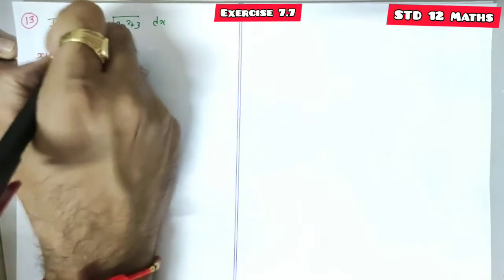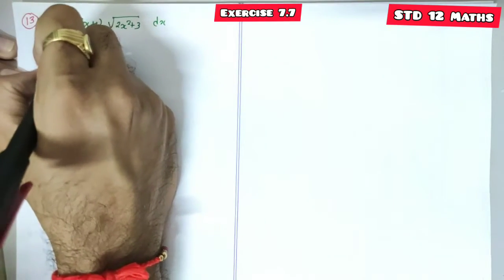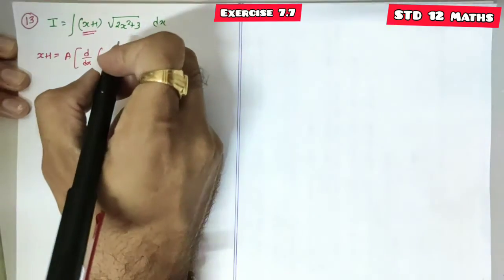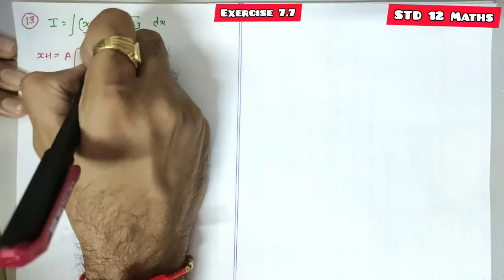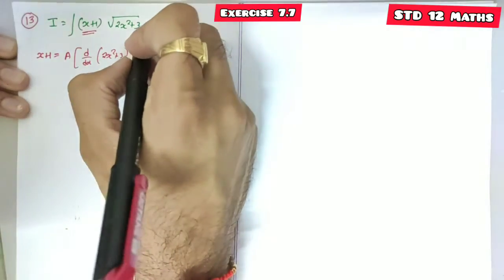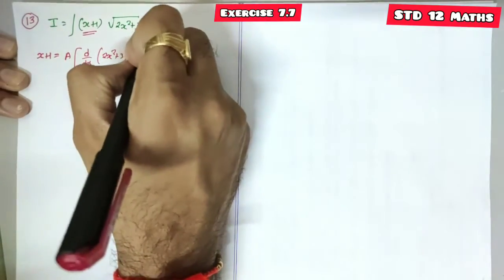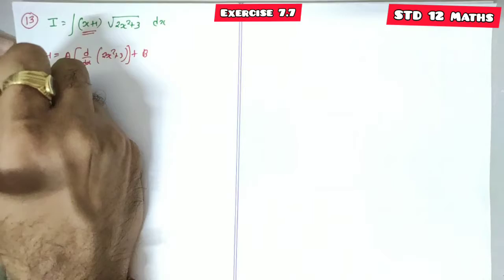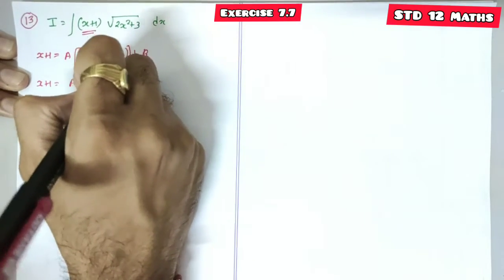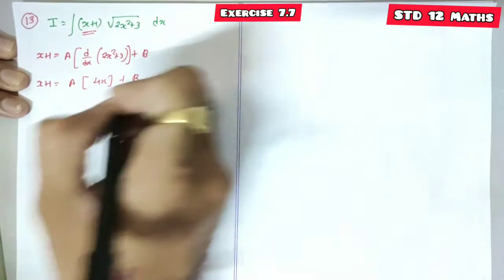So x plus 1 is nothing but a into d by dx of the term which is inside the square root, which is 2x square plus 3, plus b. So this one is x plus 1 equal to a into 4x plus b.